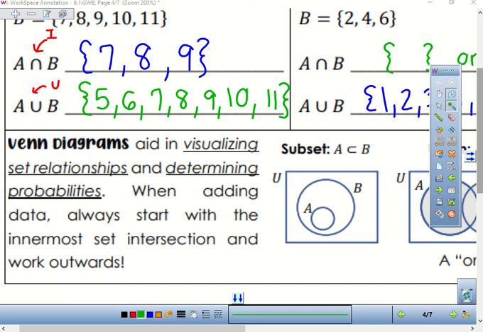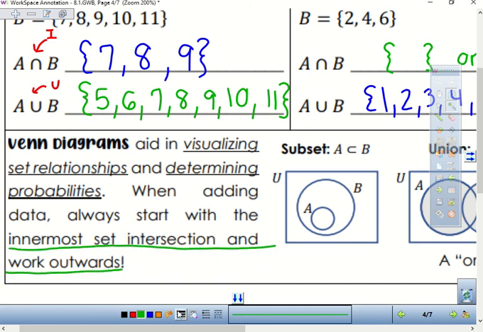And typically you use the Venn diagram when you're looking for things that are in common, right? So it's a visual aid to determining probabilities. So when adding data, we always start at the innermost section and work outwards. That's very important. You always start inward and work outward, okay? So we're going to use that a lot in this lesson. So just make sure you understand and remember that concept.